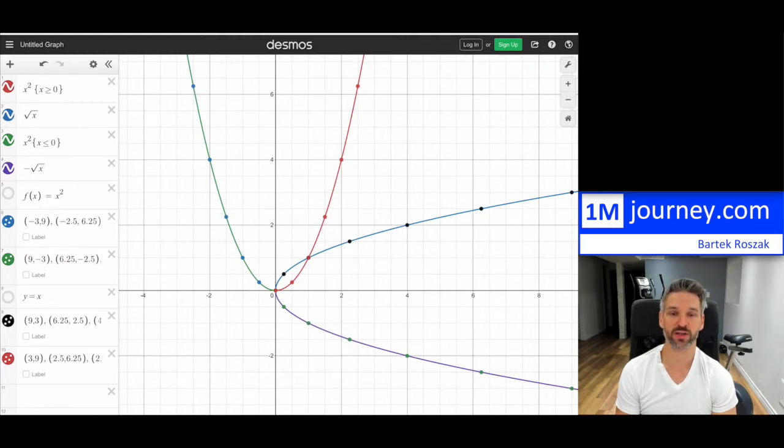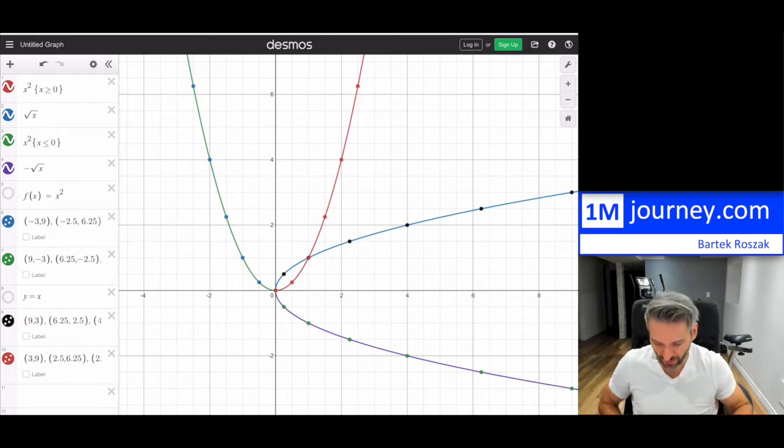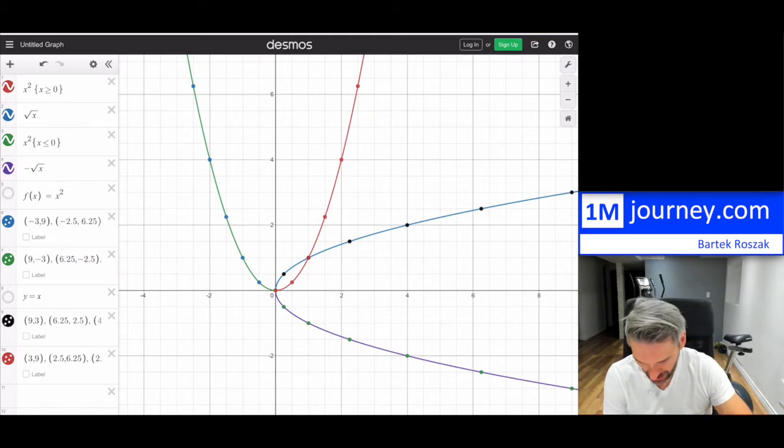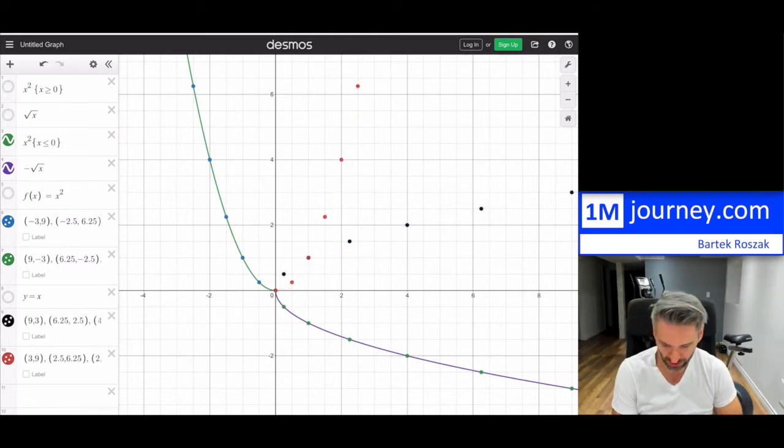So typically what we do, if you're going to want to have an inverse, is you either take the left-hand side or the right-hand side of the parabola, which is then going to restrict your inverse. So if I only take the left-hand side of the parabola, let me remove the right-hand side. So I only have that. Let me remove those points.